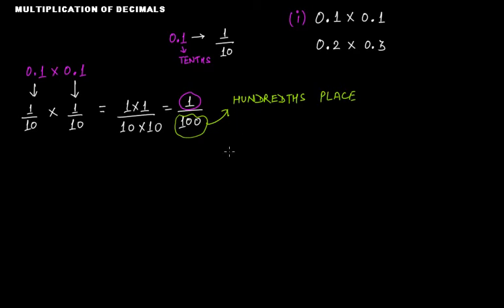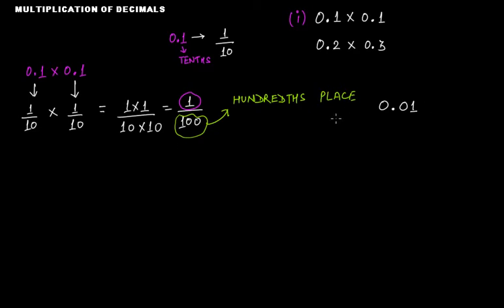That's why we will write this number as 0, because we don't have any number at the tenths place. So simply put 0 here. This is at the hundredths place because this is 1/100. Therefore, this is actually 0.01.